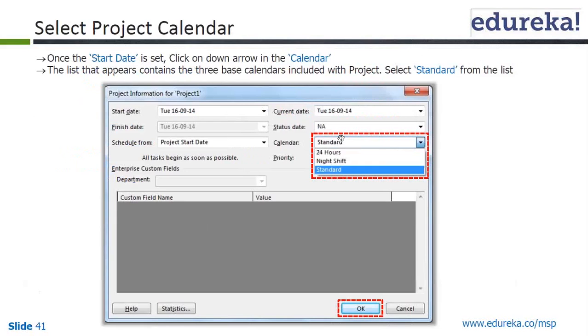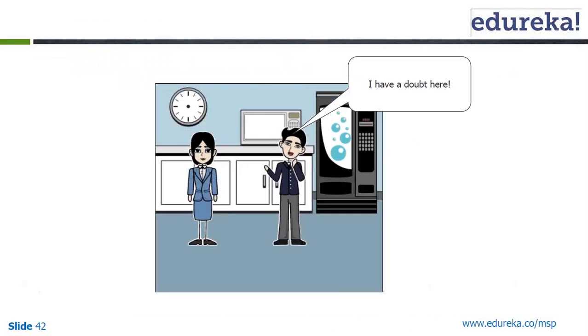Then select the project calendar. Usually you will select standard. We have seen the options: standard, night shift, 24 hours. The list that appears contains the 3 base calendars, and usually we select the standard one. We have the assignment based on this.